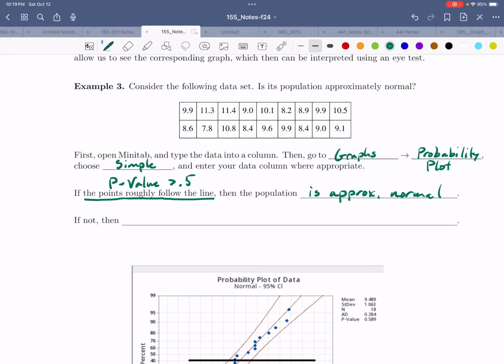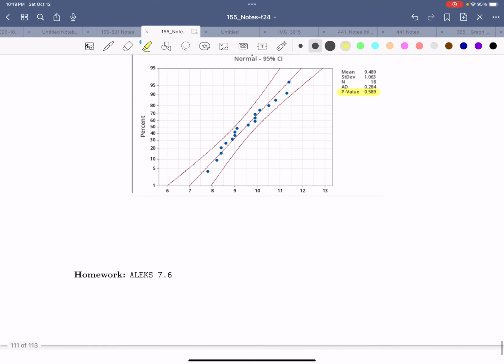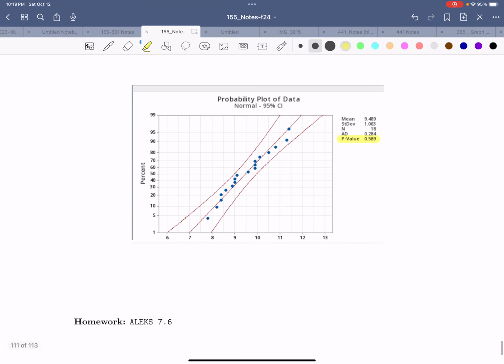If not, then the population is not normal. Okay. So again, you just look at this p-value right there. See how it's above 0.05? That means that these points are close enough to the line that we're good.